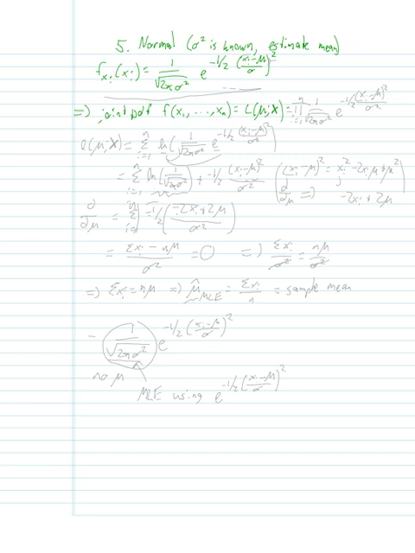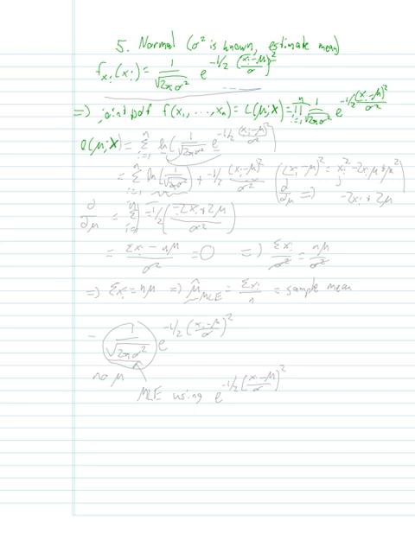We're estimating mu. It's equal to the product from i equals 1 to n of 1 over square root of 2 pi sigma squared e to negative 1/2. I'm just going to rewrite this part to have the squared on top, so xi minus mu squared over sigma squared.